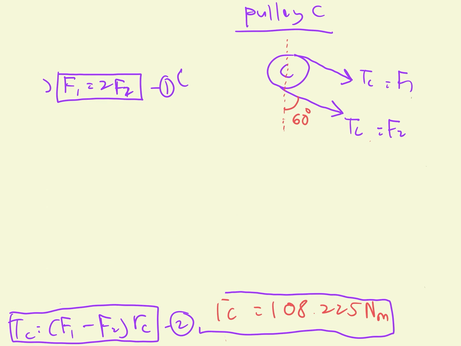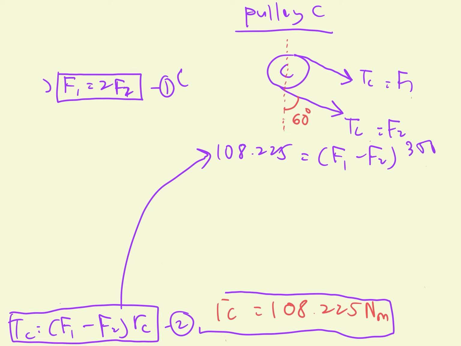Using this equation, TC is 108.225, which is equal to F1 minus F2 times the radius of pulley C. The diameter of pulley C is 350 times 10 to the power of negative 3 to convert to meters, divided by 2 to find the radius.